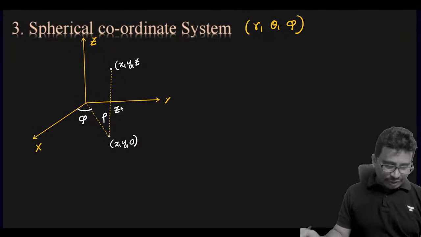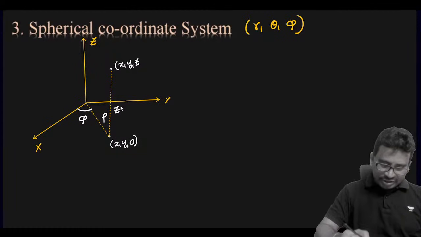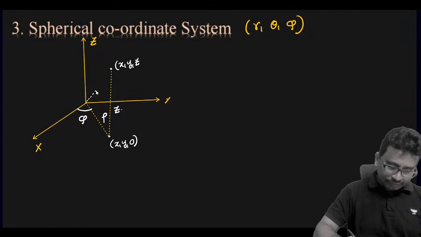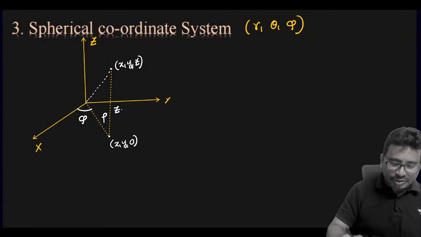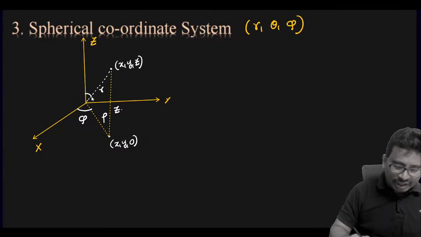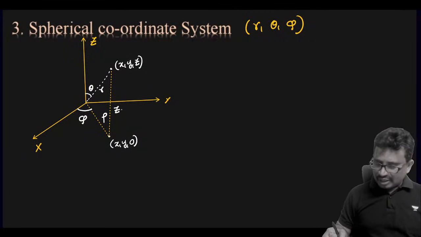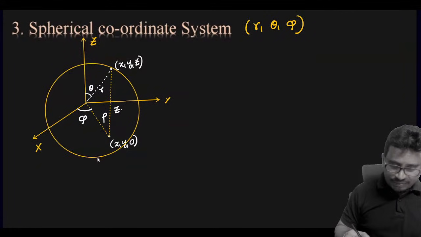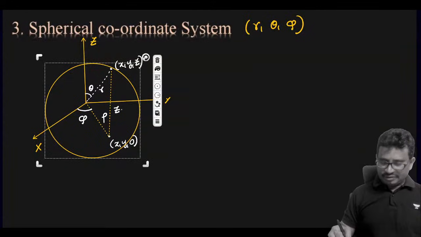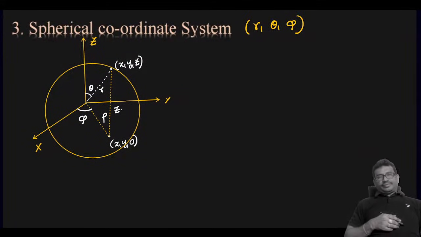What is this distance? Square root of x square plus y square plus z square. This distance we call r, and this angle with the z axis we call theta. With this radius, I am drawing one sphere. This is the sphere.